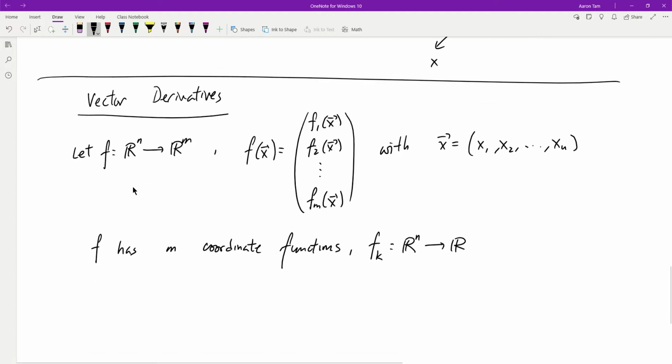Notice that these types of functions are exactly the same as the functions that you learned in 4.2. And based on what we learned in 4.3, a function of several variables has what we call partial derivatives. So f sub k has partial derivatives.